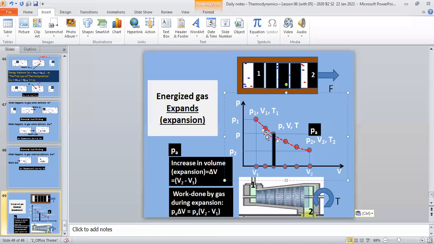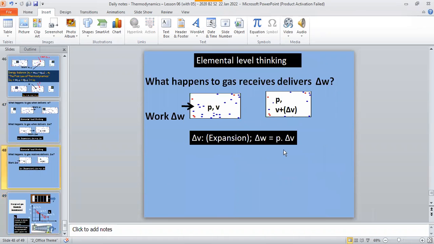Expanding, turbine, expanding. So you have a P value here and a delta V. So let me take delta V from here.